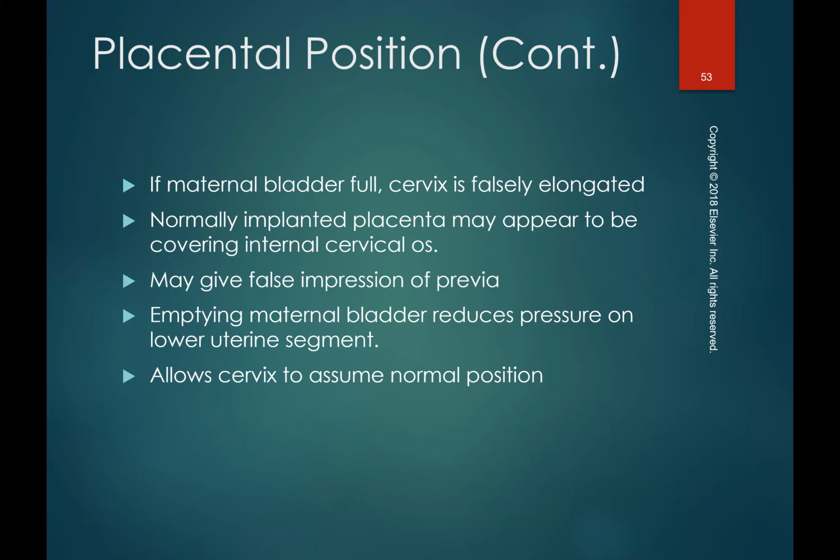So if I feel like the bladder is super full and the placenta is covering the os, I'll have the mom go to the bathroom and then come back. I'll do the rest of the scan and then look at the placenta again in relationship to the cervix. About 75% of the time, the area I was concerned about resolves, just because the bladder can cause the position to be false.